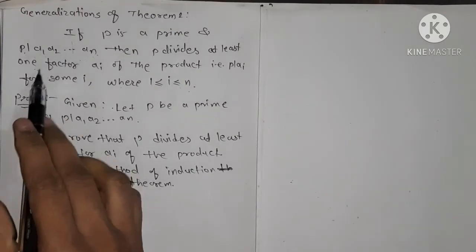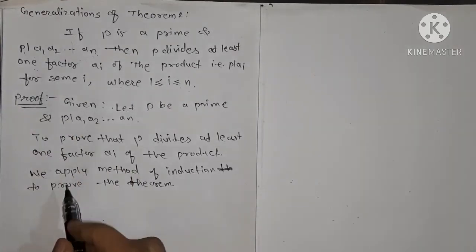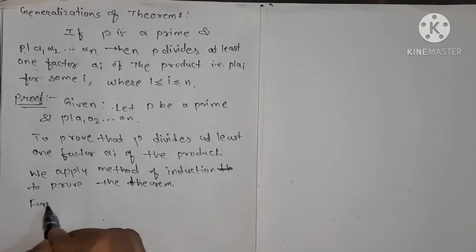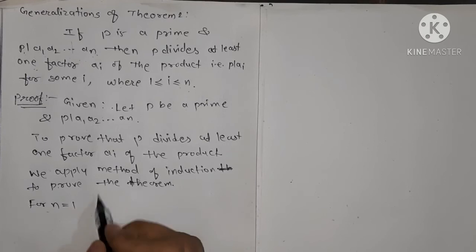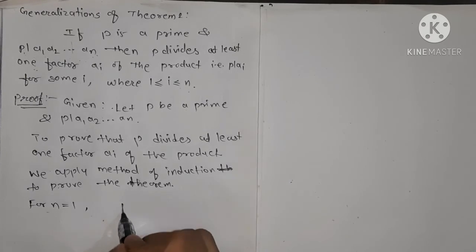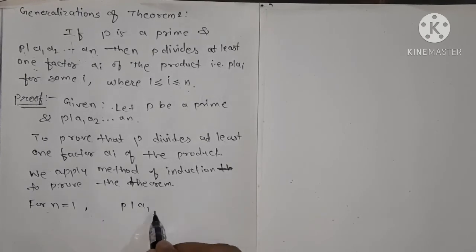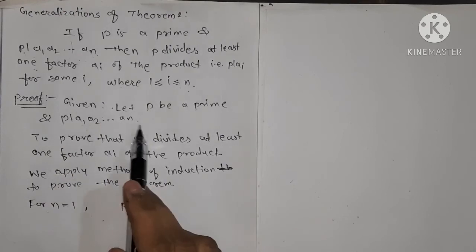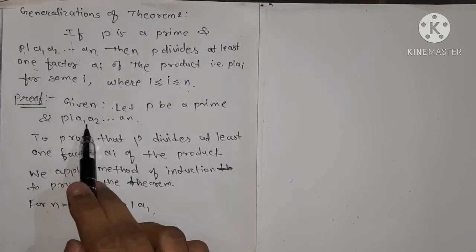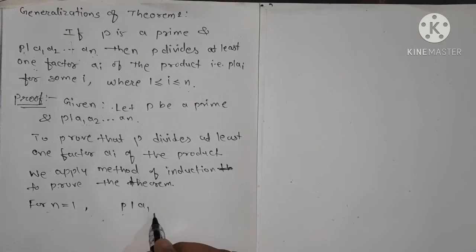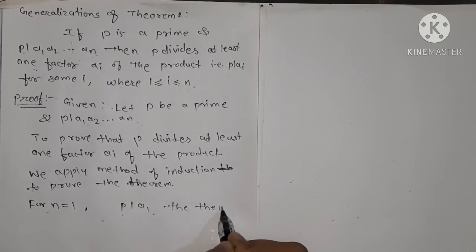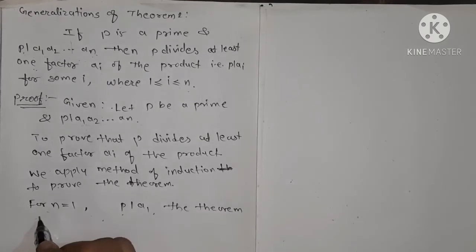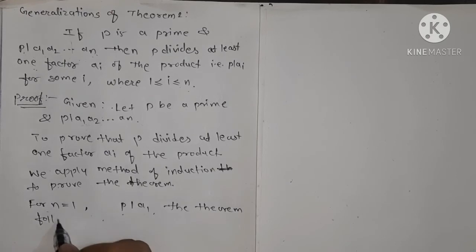Right, we firstly prove it for n equals to 1. So for n equals to 1, the product reduces to A1, right? And as P is dividing the product, so for n equals to 1, P divides A1. Okay, so P divides A1, so the theorem follows trivially.